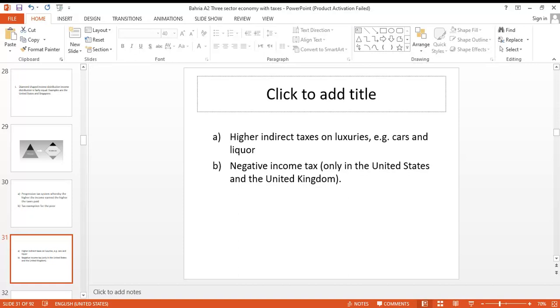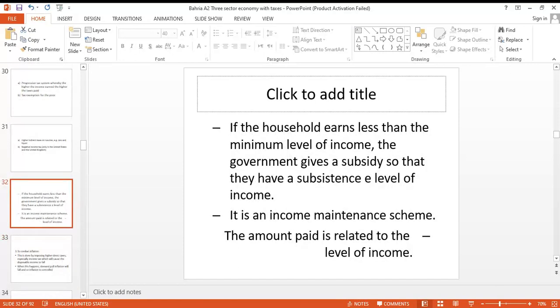It will tax luxuries more. Okay. In certain cases, taxes are returned. There are negative taxes also in some developed countries. Okay. In fact, the government in certain cases can give subsidies, it can give money back to those who are the very poor. All right.